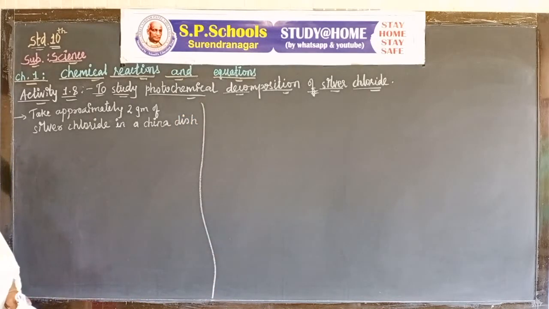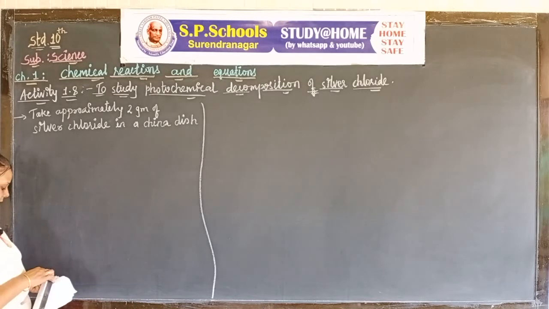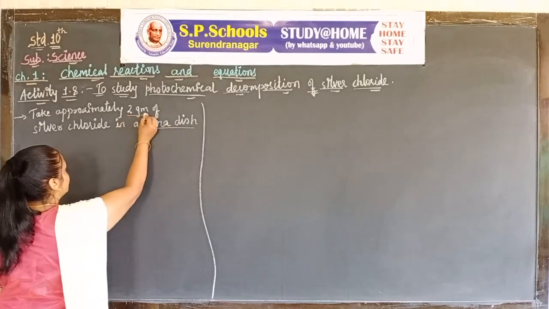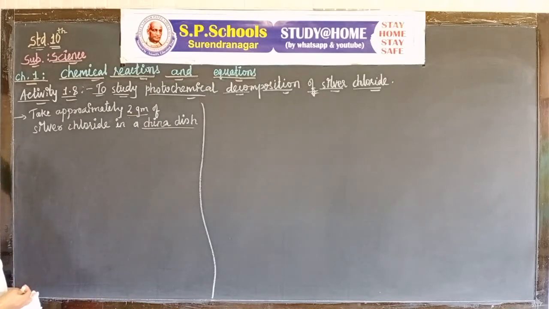This we use in our chemistry laboratory. It is a china dish. In the china dish, take approximately 2 grams of silver chloride.